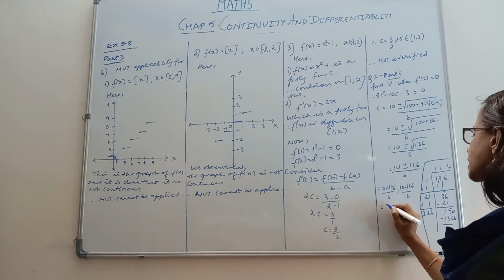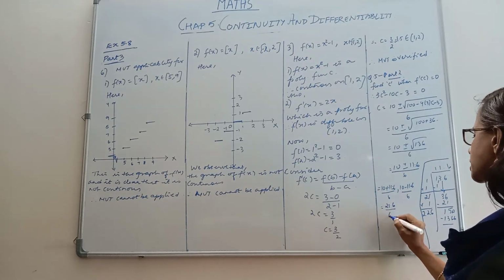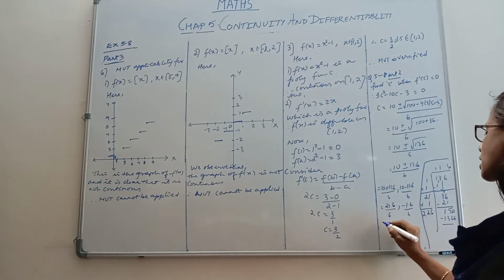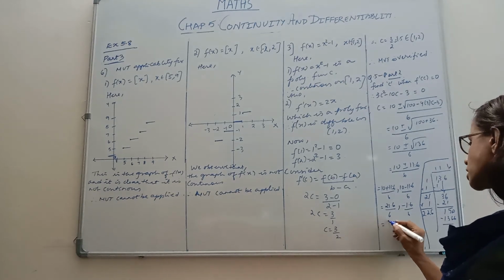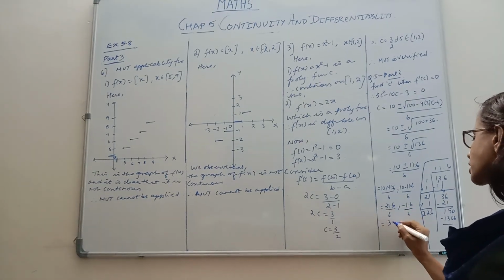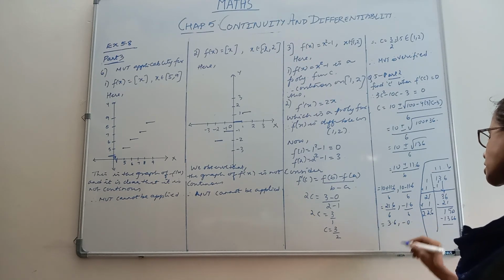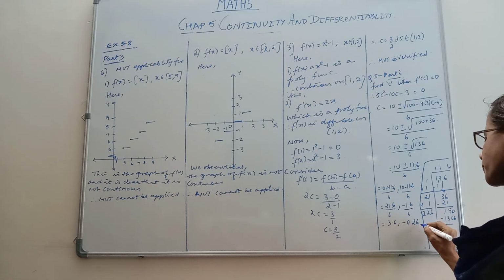It is 21.6 by 6, and this is minus 1.6 by 6. 21.6, 6 threes are 18, and 3 left, 3.6, and here it is minus 0.6, 6 6s are 36 and so on.